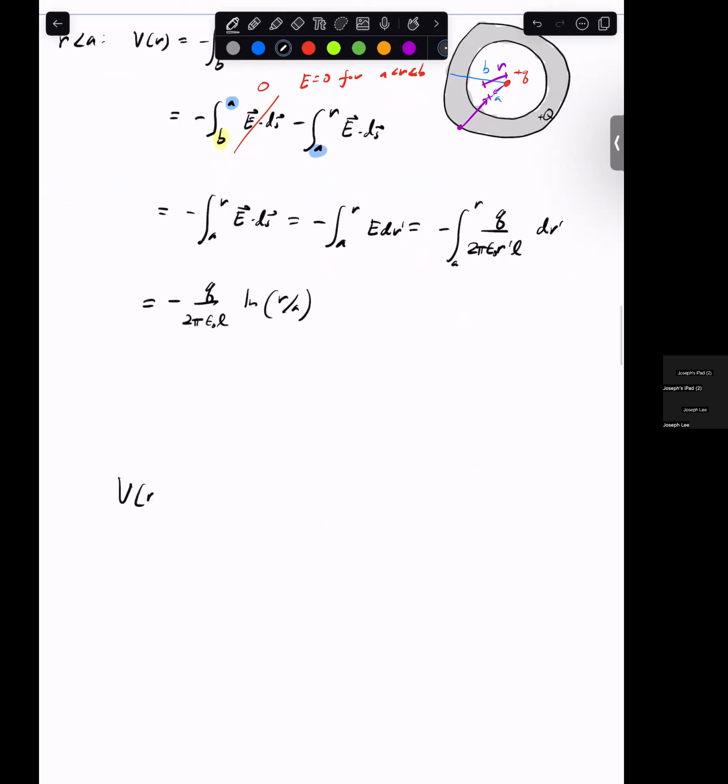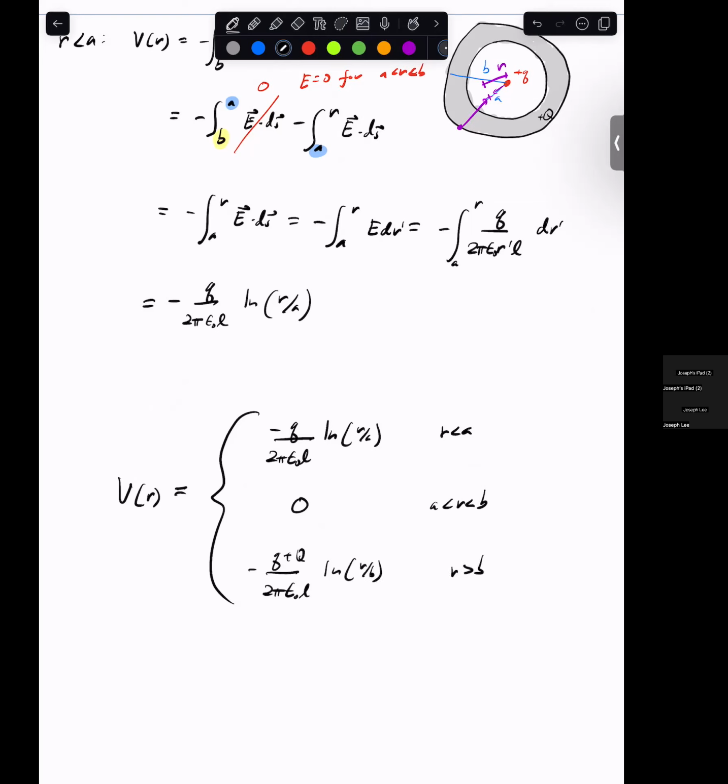So therefore, our potential gives us minus Q over 2 pi epsilon naught L, natural log of R over A, for R less than A, 0 for the case of A is less than R is less than B, and minus Q plus Q over 2 pi epsilon naught L, natural log of R over B, for the case of R greater than B. And this would be our final answer.